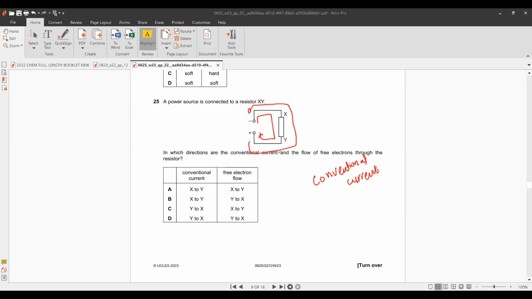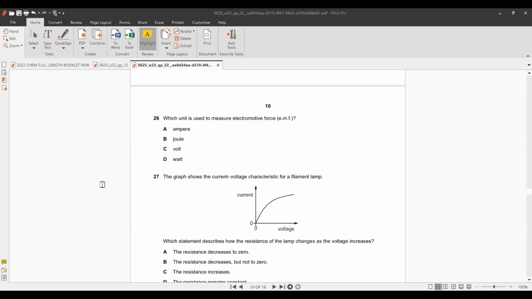So electron flow would be from X to Y, and current flow would be from Y to X. So where is that option given? It's given in option number C. Conventional current is the current from positive to negative, and electron flow is always opposite to the conventional current.